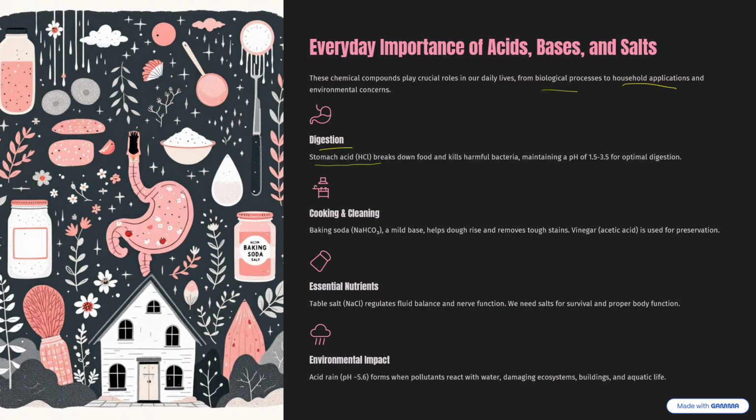Stomach acid, HCl, breaks down food and kills harmful bacteria, maintaining a pH of 1.5 to 3.5. pH is the potential of hydrogen. For optimal digestion, and to kill harmful bacteria, the acidity is in the 1.5 to 3.5 pH range.